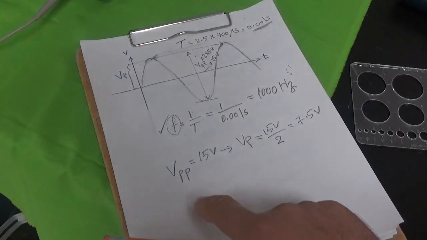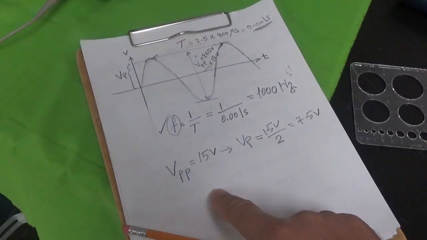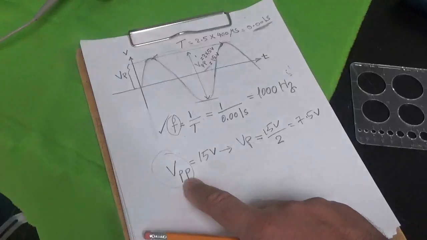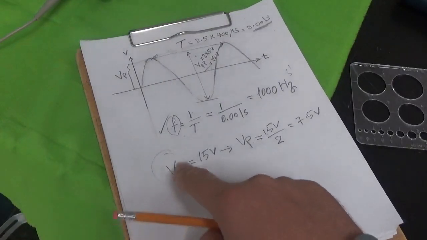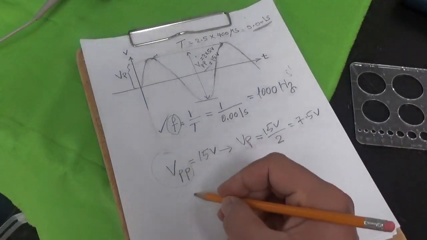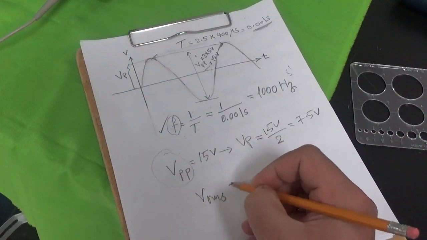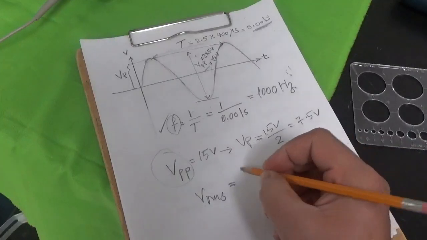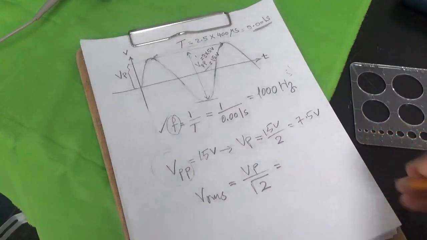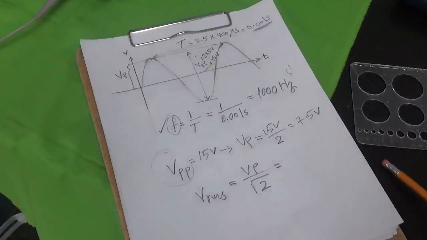Now guys, I will come to the most important thing in this part, which is calculating the V root mean square. So V root mean square here is equal to V peak divided by square root of 2. So what is V root mean square?